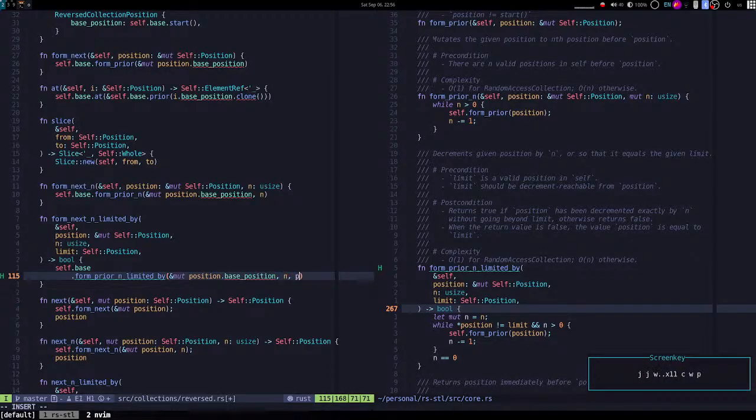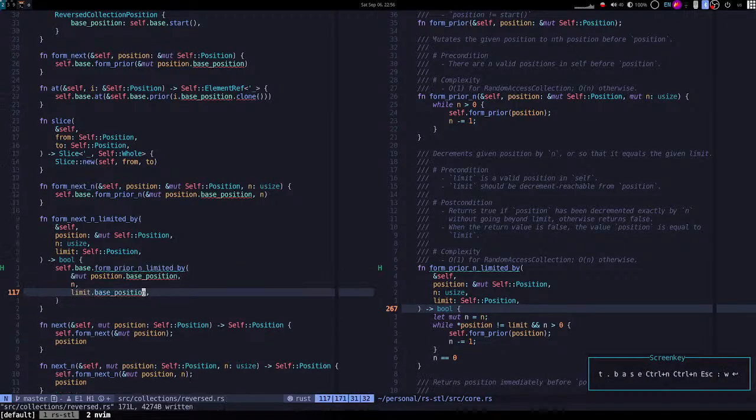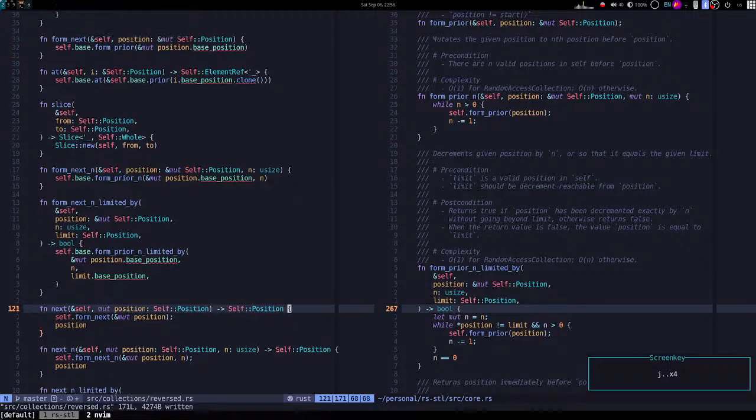It should be limit.base_position, right? And that should work. Hmm. Wow, this is a hard one.